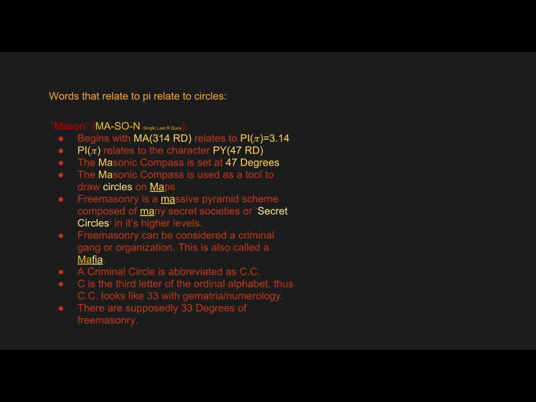Mason. We all know about the Freemasons here. Mason, see how it's spelled in the single last spelling in reverse duos? It starts out with MA, and then we do SO and N. But focus for this presentation on MA, which is equal to 314 in the reverse English duos alphabet.